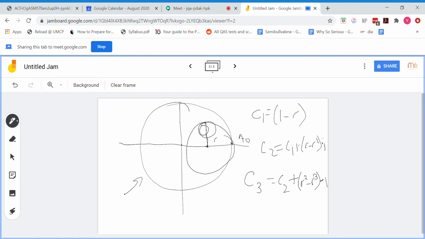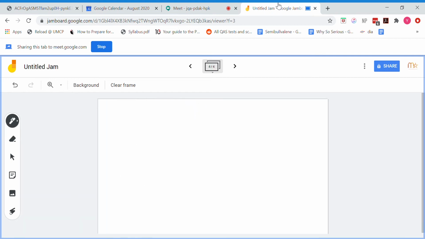Now C4 equals C3 plus R cubed minus R to the 4th, times, now we're moving down, which is multiplying by -i, correct?